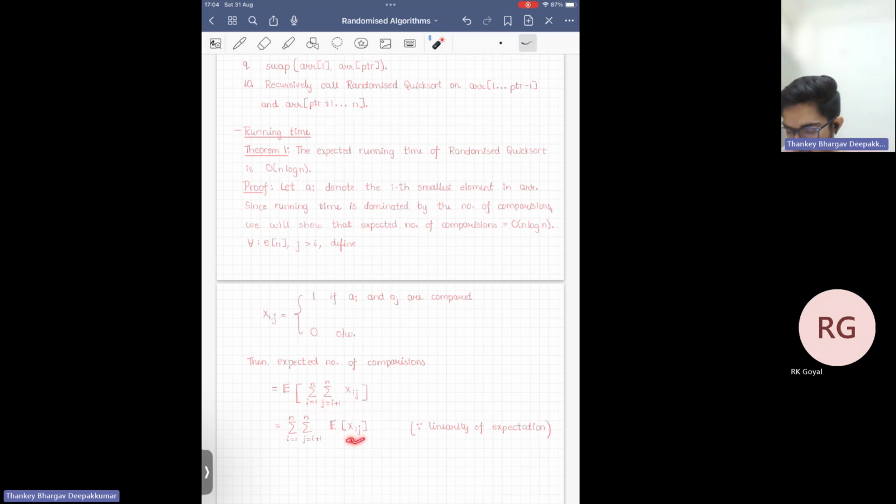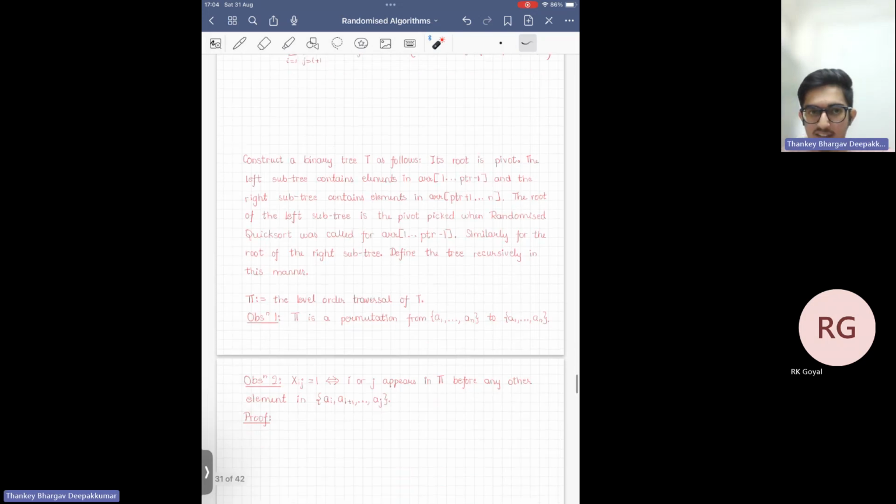Over here, xij takes value 1 if ai and aj are compared and takes value 0 otherwise. So the sum of xij's is the number of comparisons. And so what you need to do is show that the expected value of the sum of xij is order n log n.